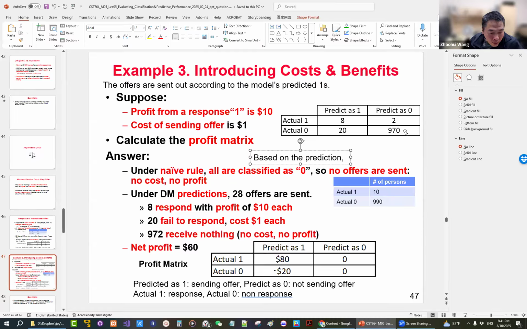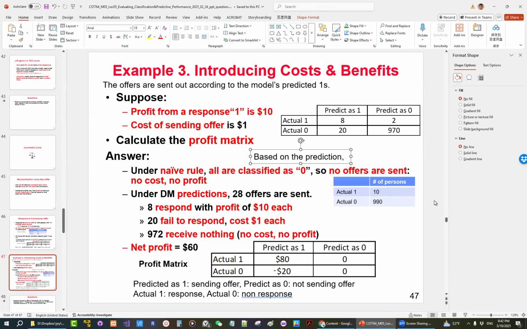Do you have questions for this? No questions. All this profit is based on the prediction. Okay, based on prediction.